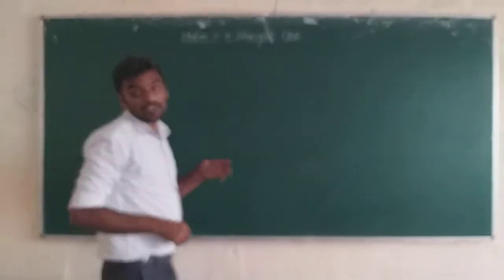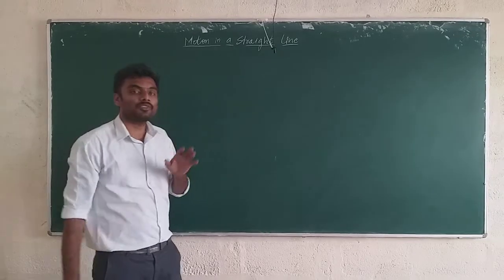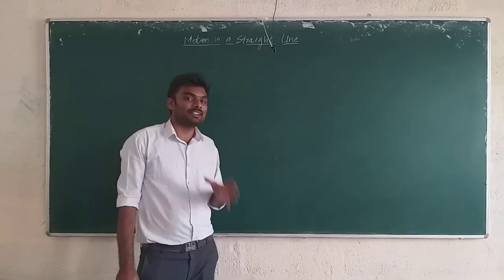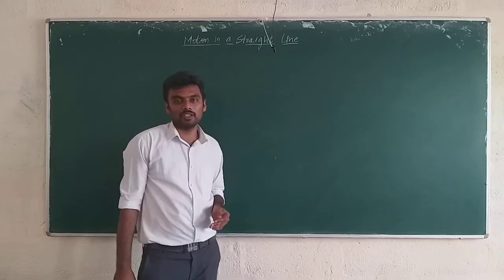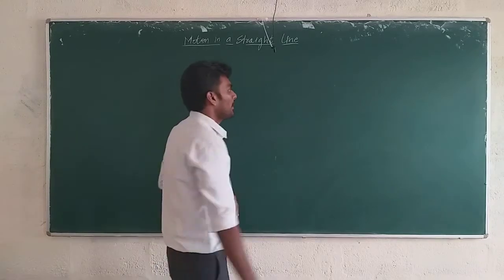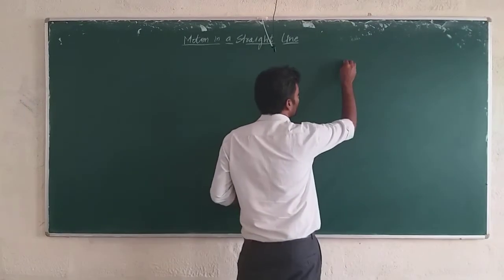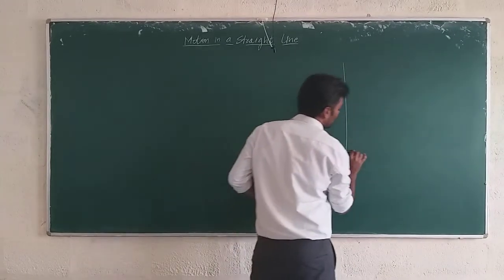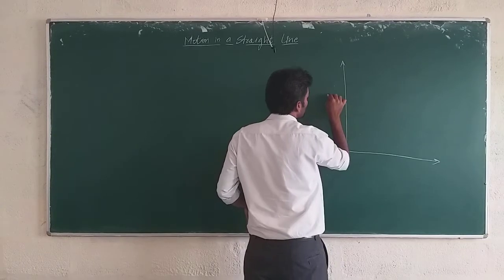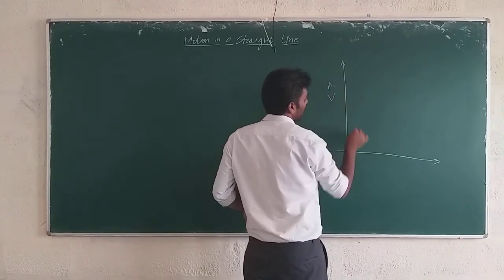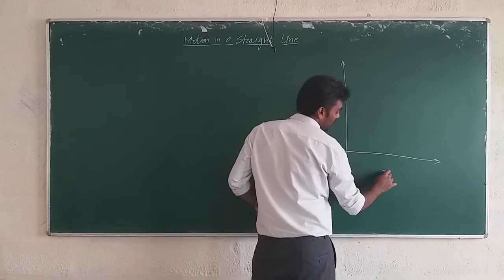So once again we are going to make use of the same graph that we considered for the first two derivations. Do you remember the graph that we took? The graph had the y-axis, which shows us the velocity, and the x-axis, which represents time.